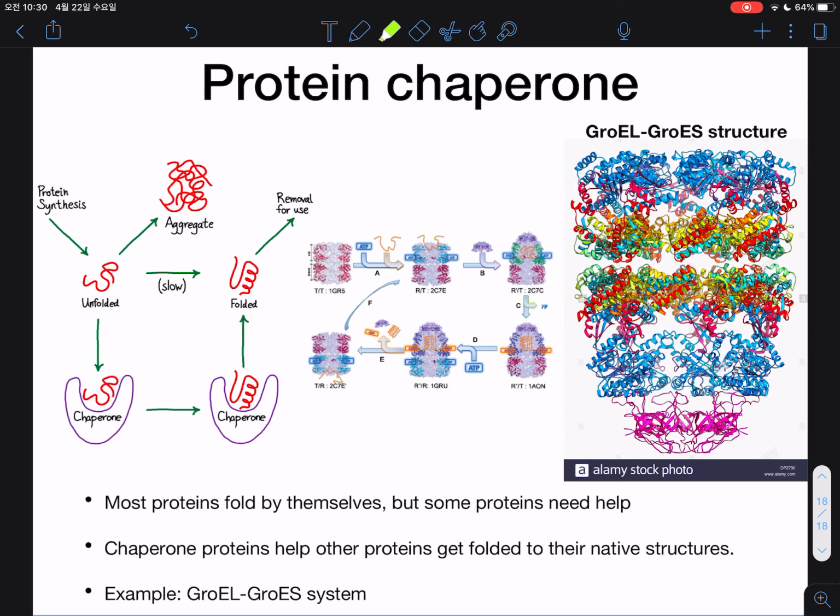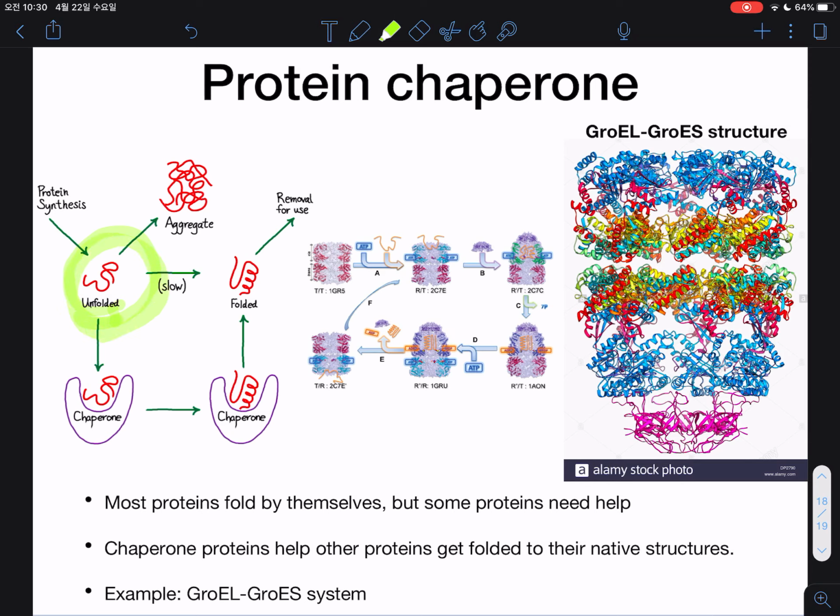And lastly, there is an interesting protein called the protein chaperone. As I mentioned, most protein folding events occur correctly, but during protein synthesis, some proteins are incorrectly folded, or they remain unfolded.